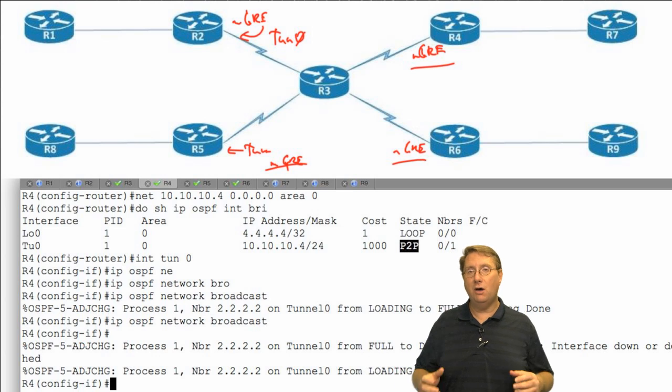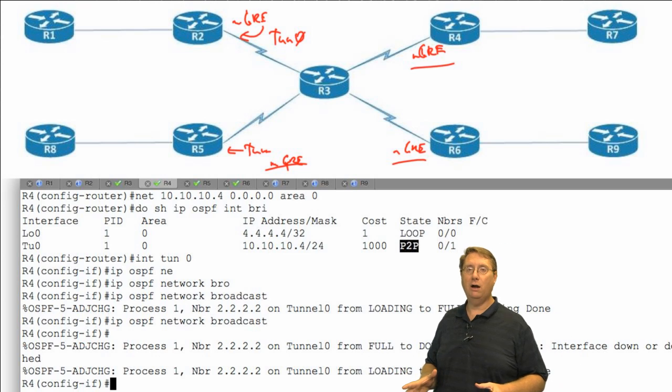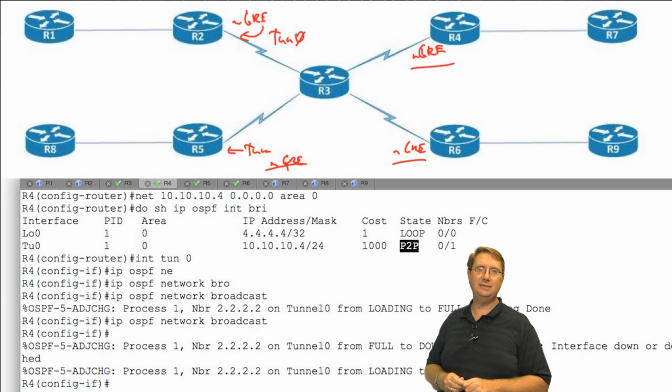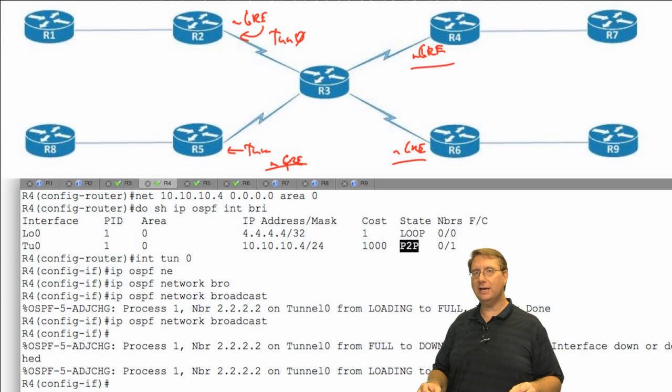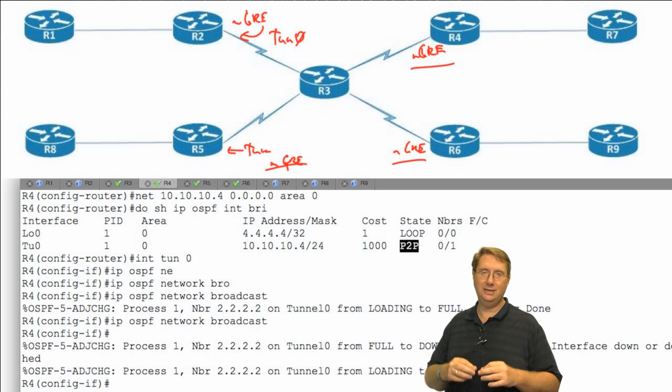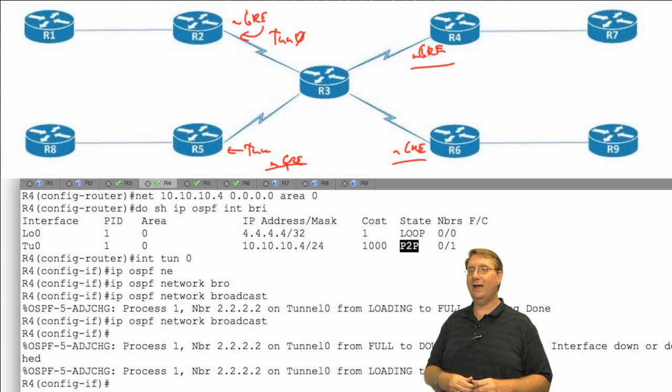Excellent call. Now, the hub needs to be the DR, and a lot of people go in and say, well, I'll just set the designated router configuration to 255. Well, that's great and wonderful, but what we need to understand is that the DR election, as we talked about in the confines of OSPF, is non-deterministic in nature. What that means is I can apply that number, but at the end of the day, it really boils down to a race condition. Which device comes up?